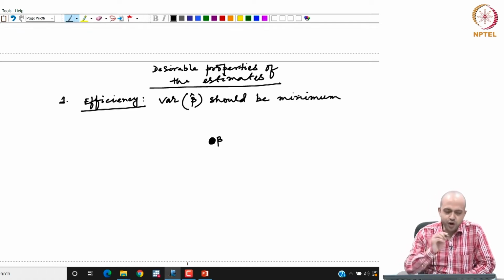Let us say this is a point we are targeting with a gun. So, we have to hit this point, and if you make 100 shots, then in all your 100 shots, what will happen? Sometimes you will hit exactly here at beta, sometimes you will hit here, you will hit there like this.